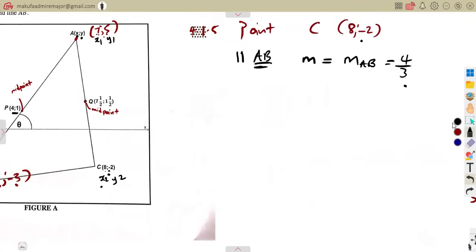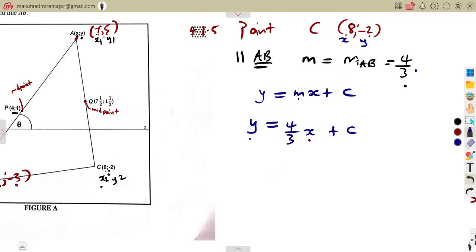Having a point and a gradient, it is enough for us to determine the equation of the line in the form y is equal to mx plus c. We can substitute m being the gradient, that is 4 over 3 x plus c. You determine c from the point that you're given, substituting y and x.